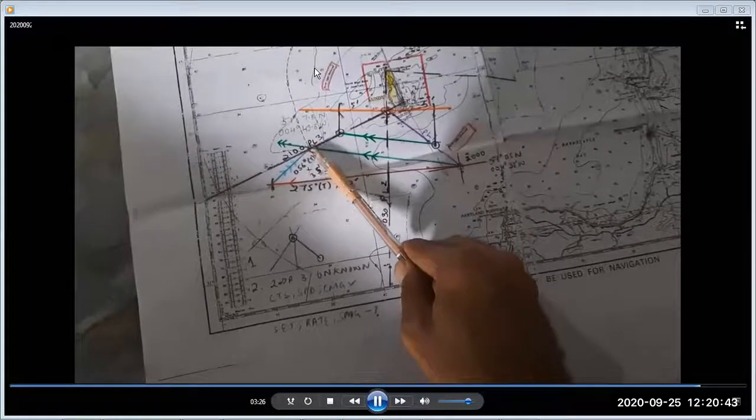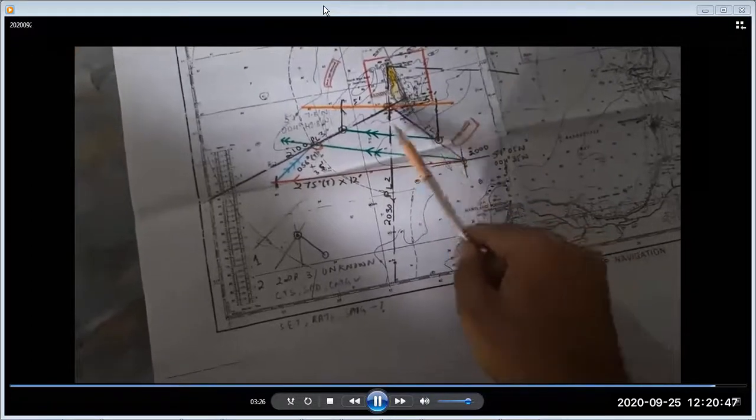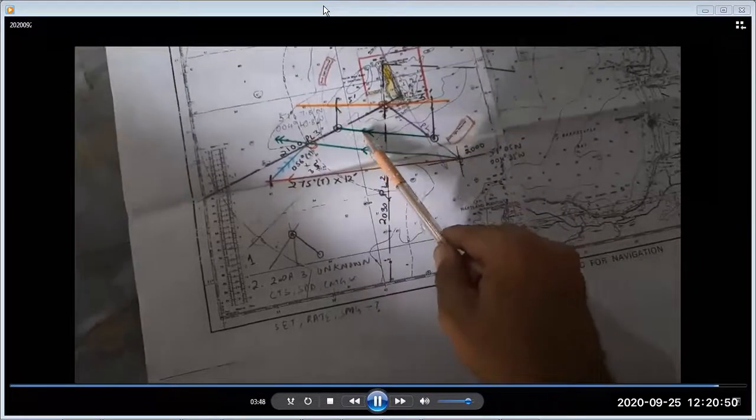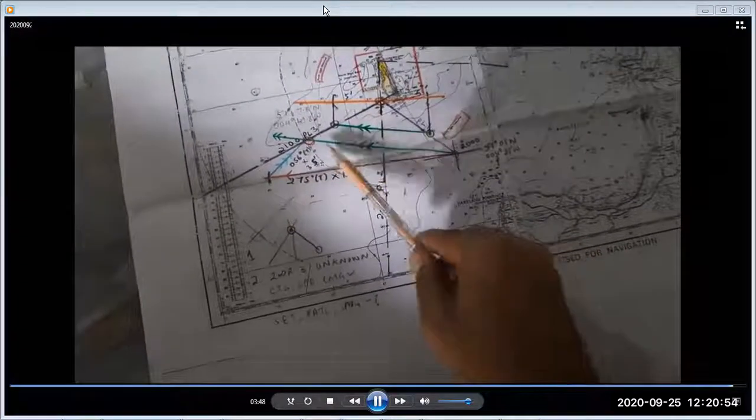So you can see, we didn't know this position. We had these PLs, so we joined them with this method and we got the course made good and with the rate, and then we plotted to get the ship's position.